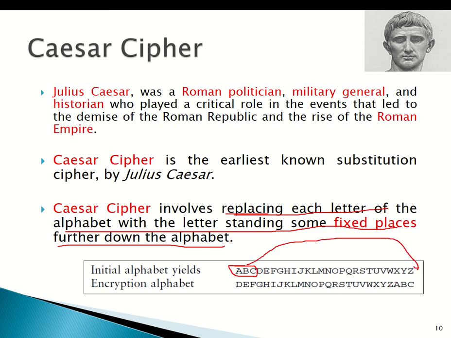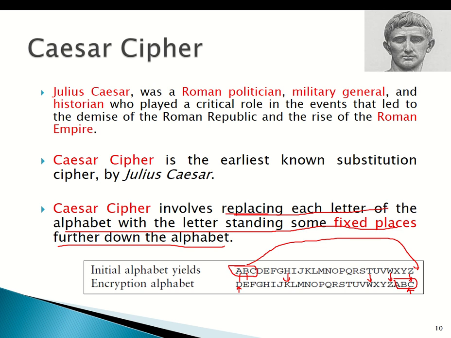The A, then the B, and then the C moved to the end, so the letters now start from D, and the last letter becomes C. So A will be replaced with D, B will be replaced with E, and so on. H will be replaced with K, S with V, W with Z, and Z will be replaced with C.